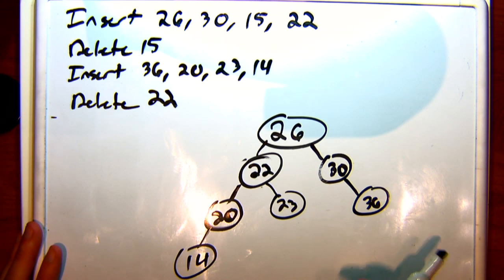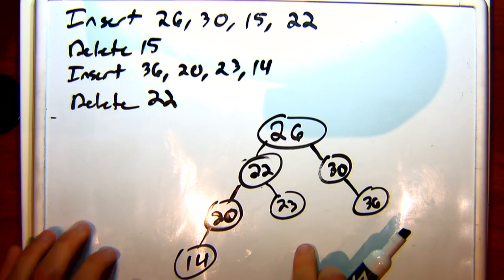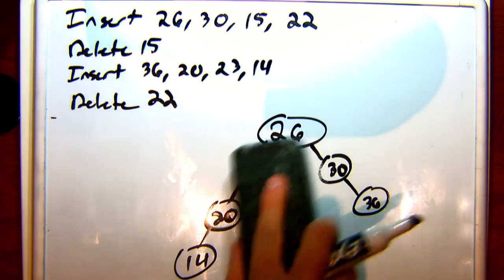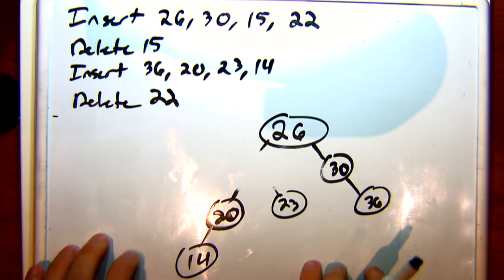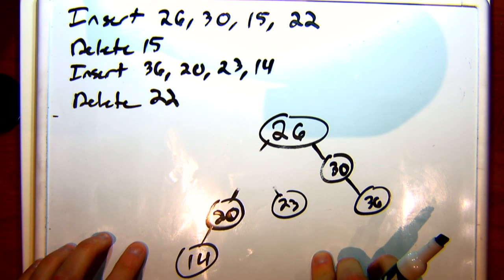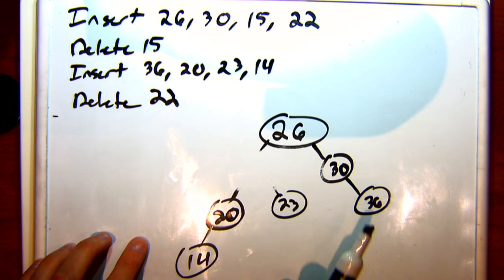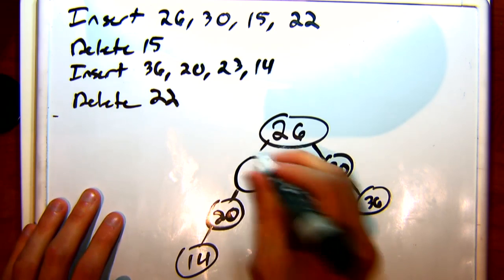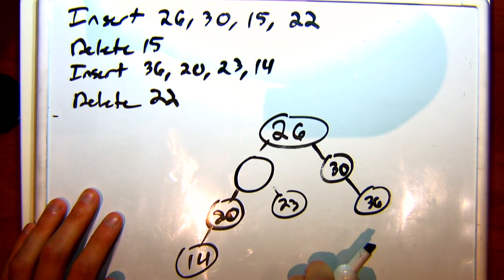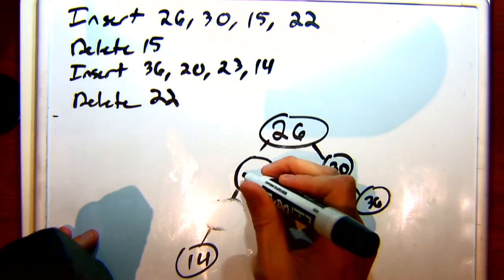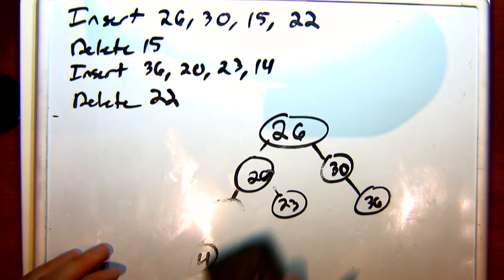Then we're going to delete 22, and you can see this one has two children. So when we delete it, what we do is we take the largest value in the left subtree, or the smallest value in the right subtree, and we basically pick that up and put it where it was. And all of its children are going to follow it. So we're going to pick 20 up, put it where that was, and 14 follows it.